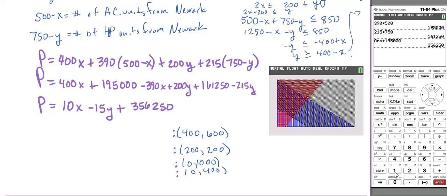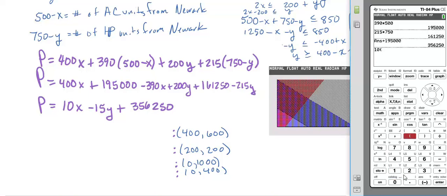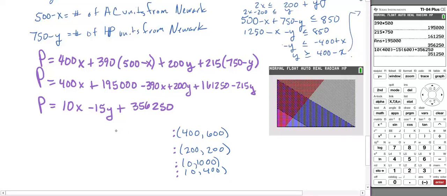All right, so let's get the profit made with these different combinations of units made from each plant. So it'd be 10 times 400 minus 15 times 600 and add 356,250, and this would give me $351,250 as a profit.